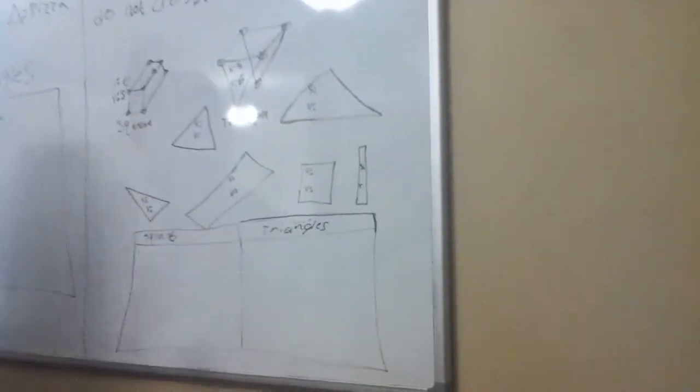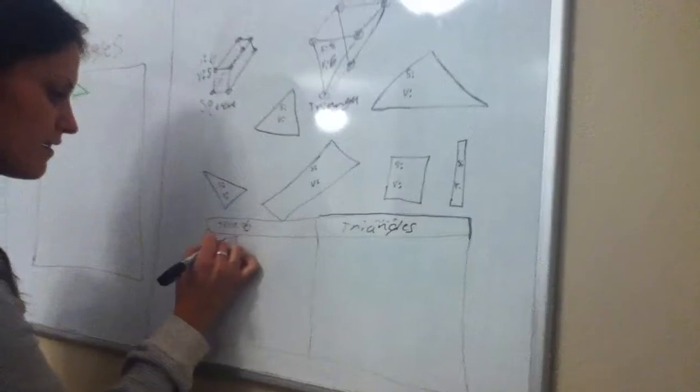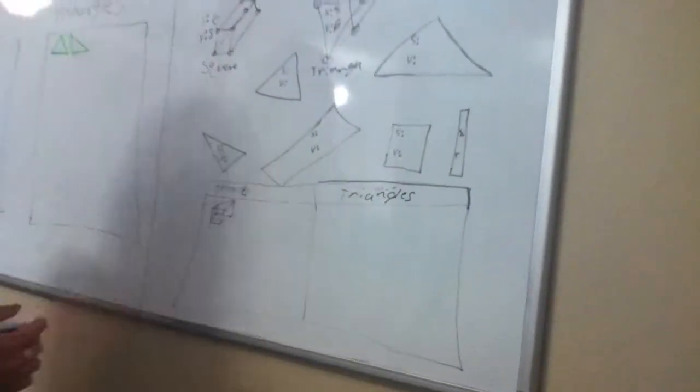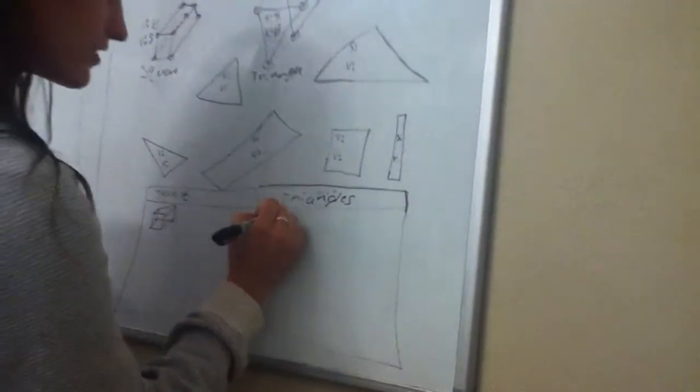We would categorize the squares under the squares and put the triangle under the triangle.